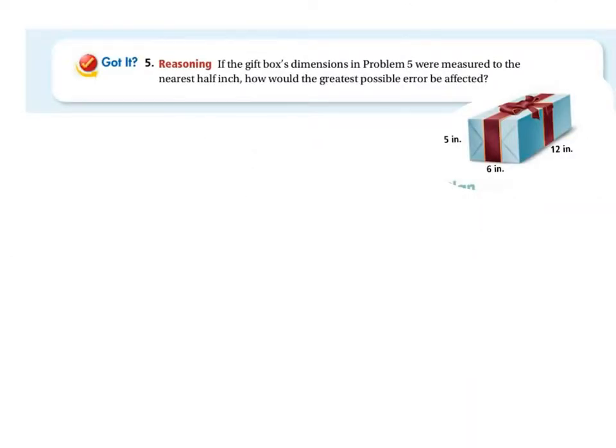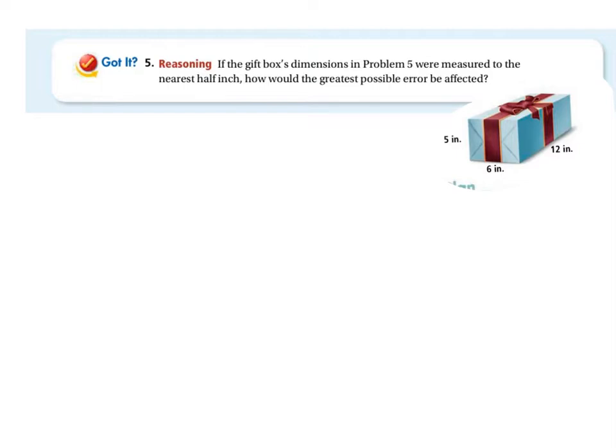So they got at 5, if the gift box's dimensions in problem 5 were measured to the nearest half inch, how would the greatest possible error be affected? And we're not going to be real specific on this, but we're just going to talk about whether the greatest possible error, if we go to the nearest half inch instead of the nearest inch, would be lower or higher compared to what it was when we went to the nearest inch.